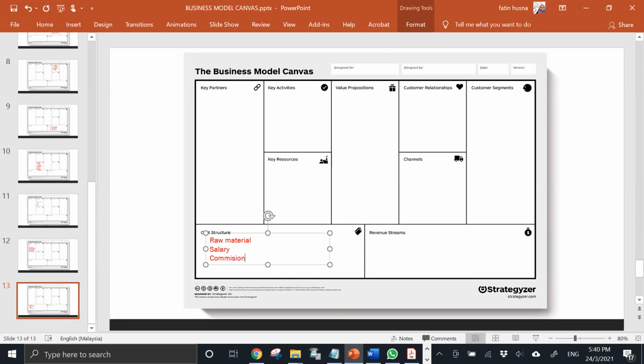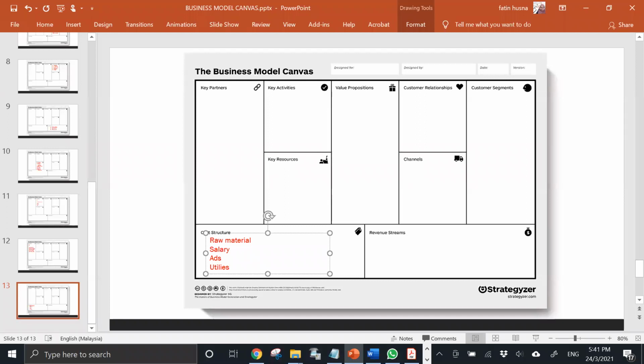Commission also can be under cost structure and also a revenue stream. Revenue stream, you put commission because someone asks you to sell for them. But if you put under cost structure, meaning you are giving commission for somebody else to sell for you. So this is the difference.